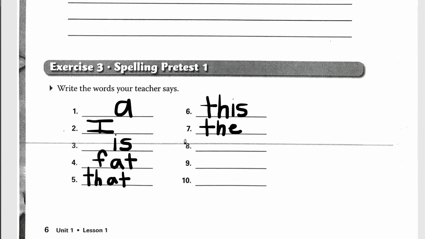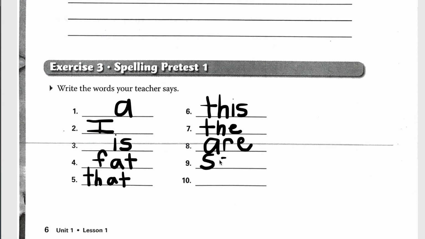T-H-E. Great job, guys. Number 8, R. You are very funny. How do you spell R? A. R. What's that last letter? E. Okay, 2 more, guys. 9, sat. The class sat in a group.